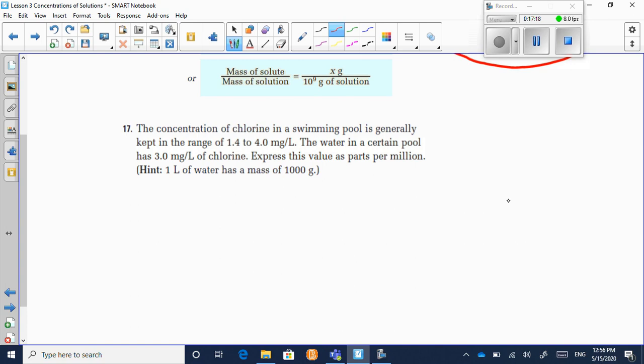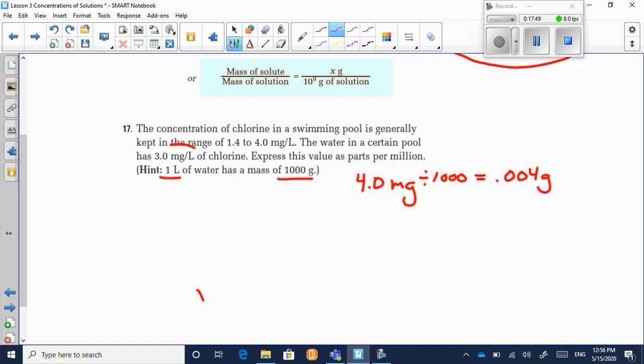Okay, so they've given us a hint that 1 liter of water has a mass of approximately 1,000 grams. And the one other thing I'll say is that if you've got 4.0 milligrams, you would have to divide it by 1,000 to get grams, and so it's 0.004 grams.